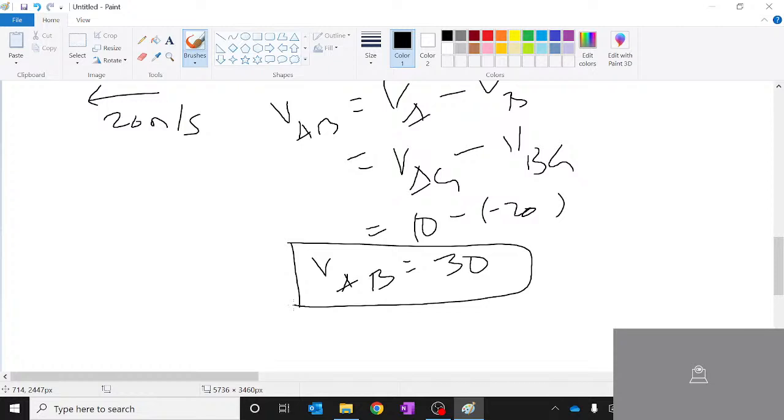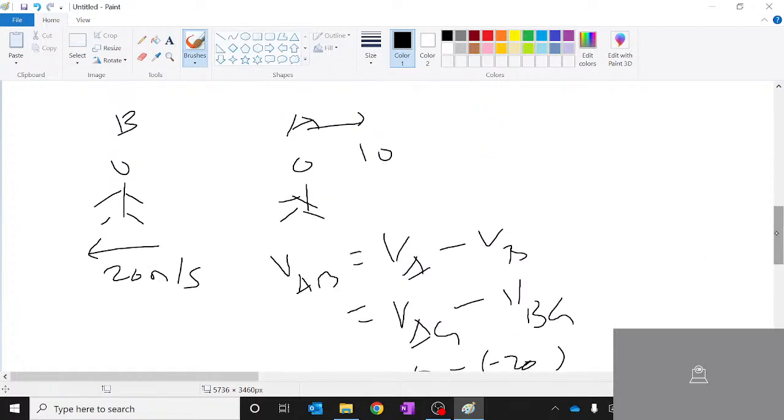What does this indicate? Because the velocities are in opposite directions, from the reference point of view, if I am sitting here, you will feel that A is moving this side with a velocity of 30.